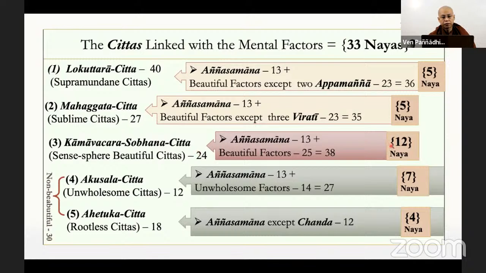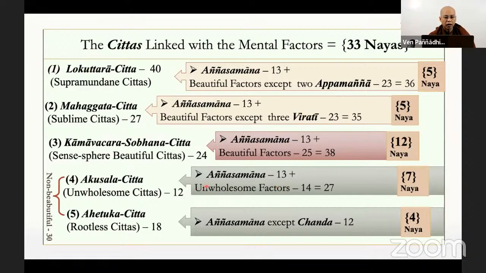Because in this case, the variable factors such as Thina-middha cannot be associated with either Asankharika or Sasankharika, because this is the beautiful case. Since we have talked about the nature, unwholesome factors are associated with only unwholesome, and beautiful factors with only beautiful. So Annasamana go to both sides. If you can keep this information in your mind, it's easy.